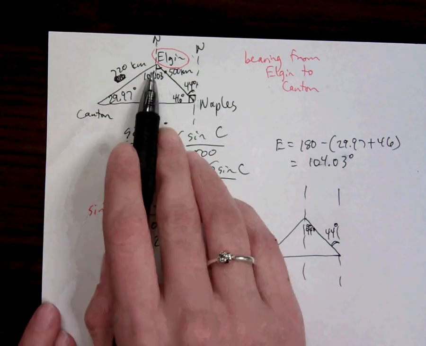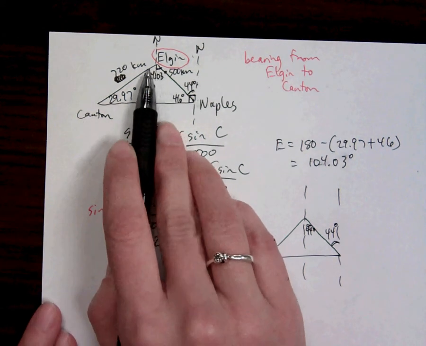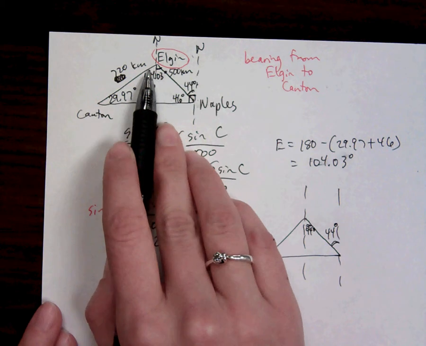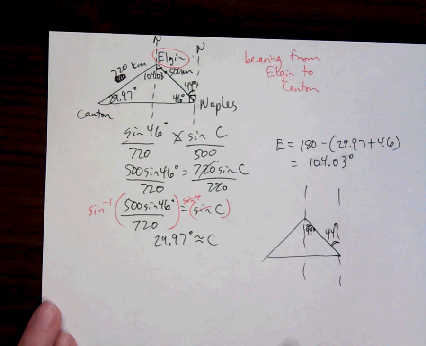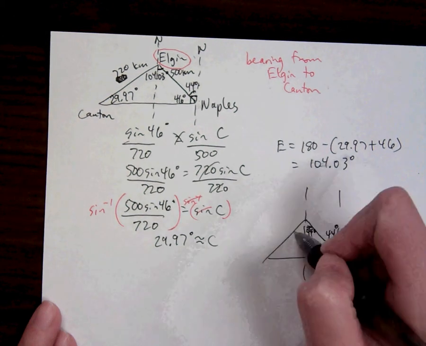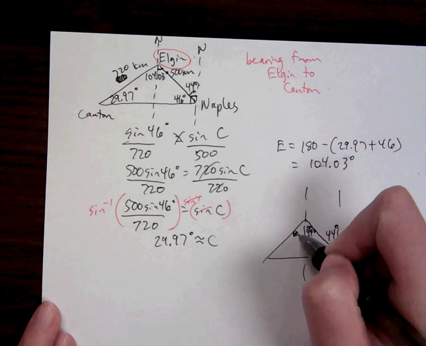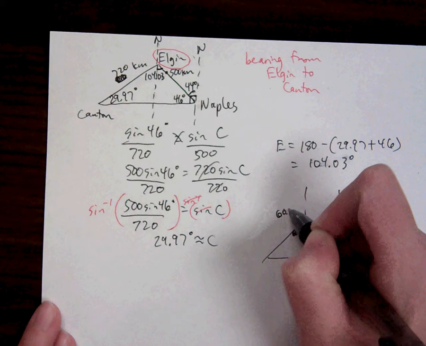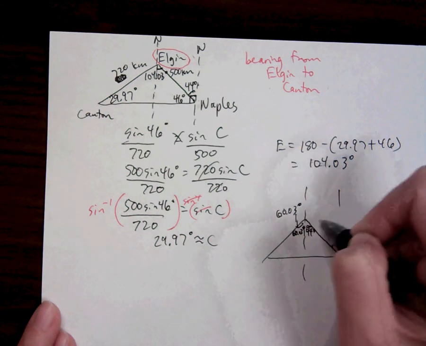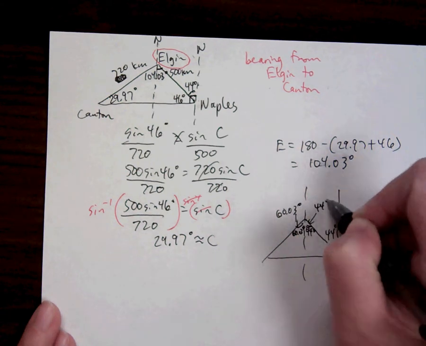Well, it lets me know how much further this is then, because otherwise it was kind of unclear. So if that's 44 degrees and the whole thing's 104.03, then this has to be 60.03 degrees right here. Again, it's really hard to see my writing. Let me write it bigger. That has to be 60.03. That has to be 44.